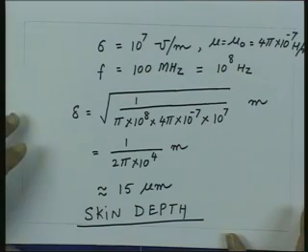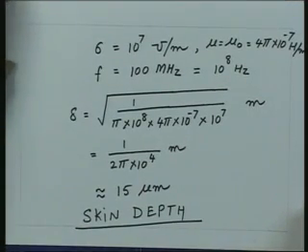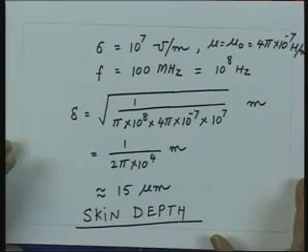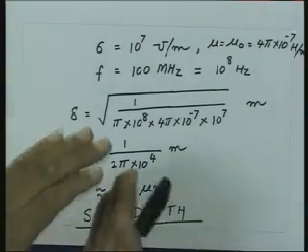So, skin depth is a parameter which tells you over what distance from the surface of a good conductor the electromagnetic energy is going to exist. Beyond this depth, as I mentioned, the properties of the material do not really matter.